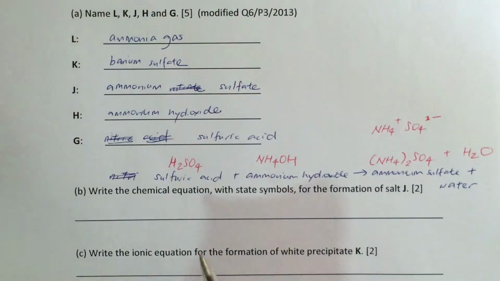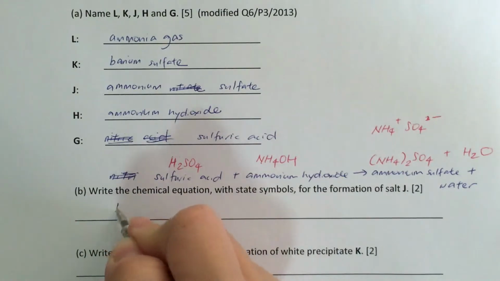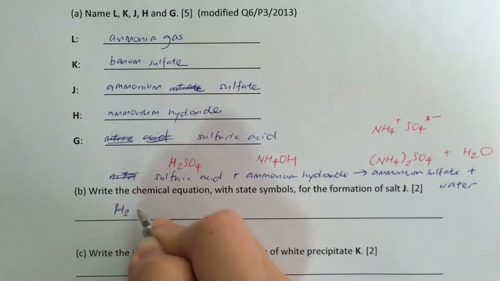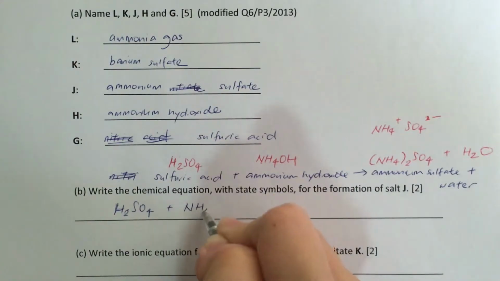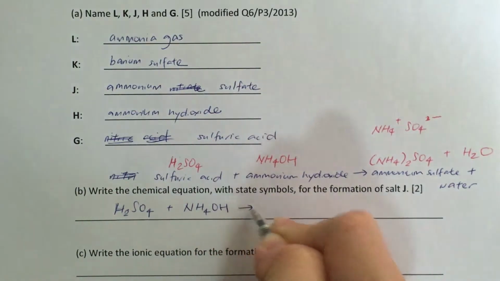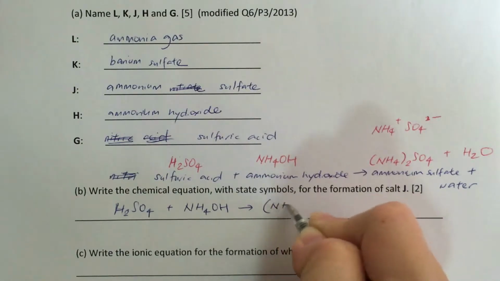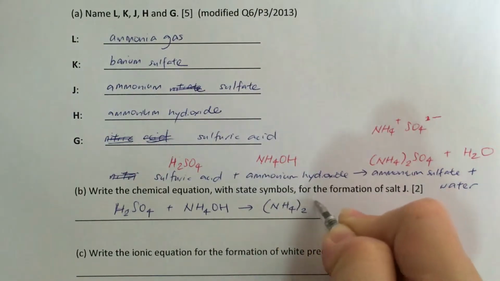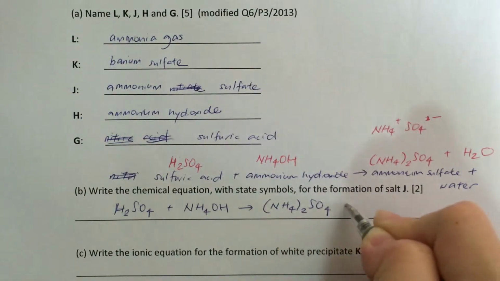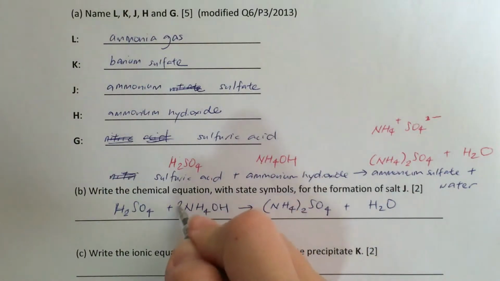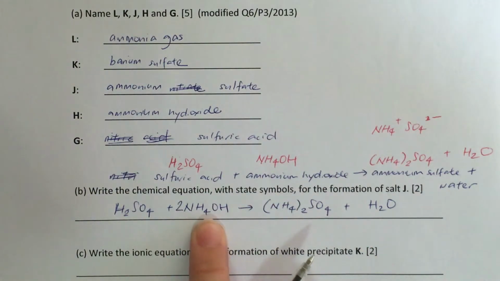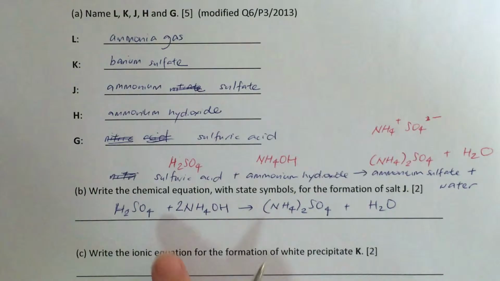So we need to write a balanced chemical equation. The first thing we do is write the chemical equation. This is where you must know your polyatomic ions very well. Once we write the chemical equation, the next step is to balance it. If you do your counting, you will need to put a 2 in front of ammonium hydroxide.